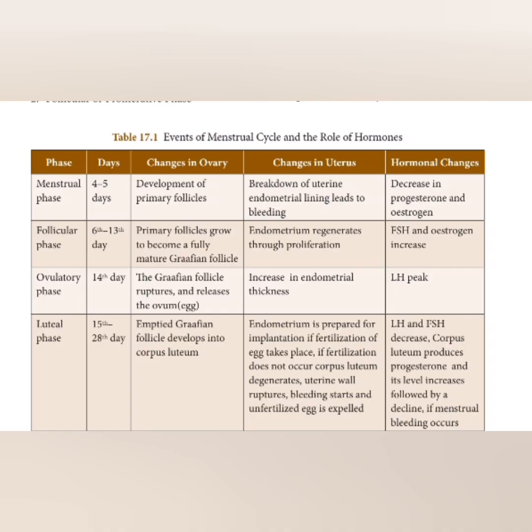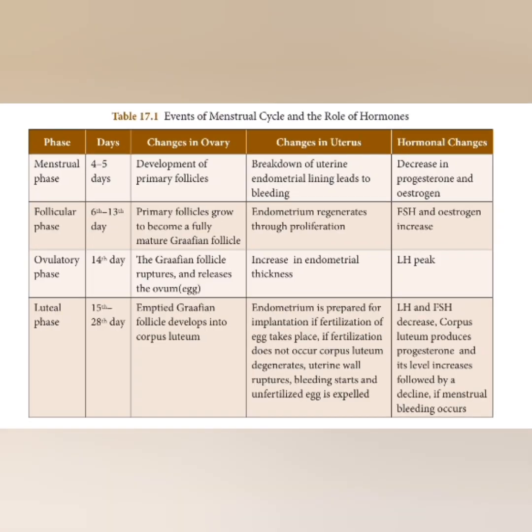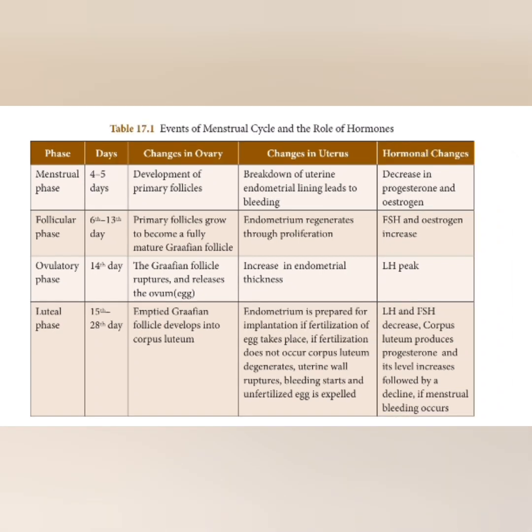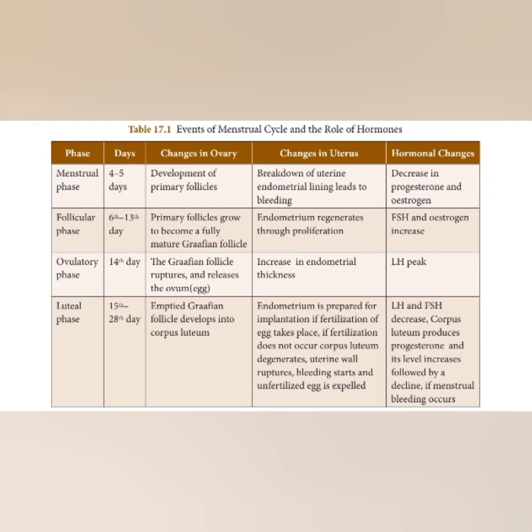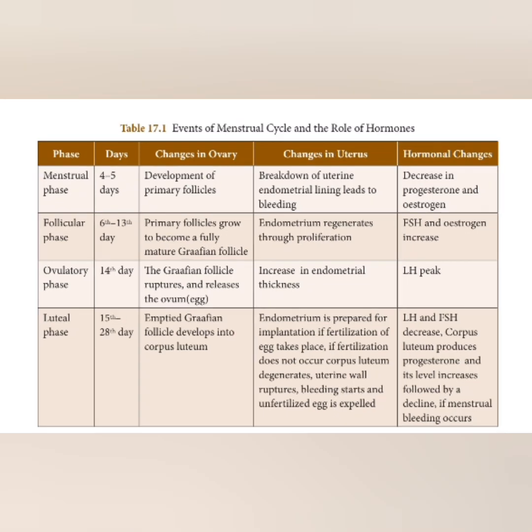And the next question is, phases of menstrual cycle. There are 4 main phases: menstrual phase, follicular, ovulatory, luteal. It's a very important topic. For the phases, you should write the days, changes in the ovary and changes in the uterus. Hormonal changes no need to write.